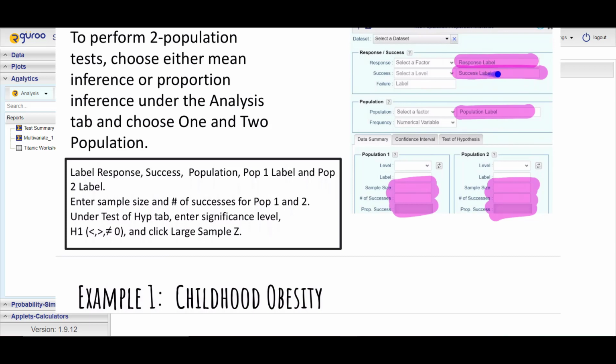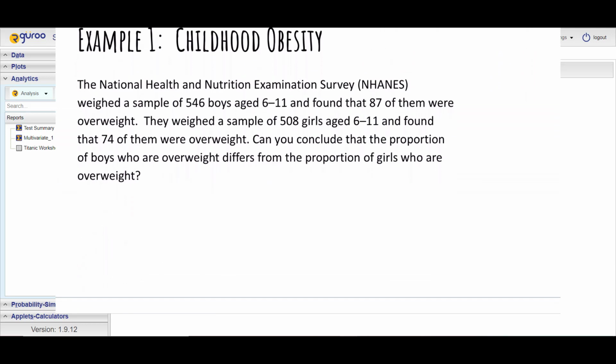And what would be considered a success? What is the population that your study is on? And then you would label the first sample for the first population and then the second, and fill in this info here. And then you would click on the test hypothesis tab. If you wanted to do a confidence interval, you'd click on that as well. But under the test hypothesis tab, you would do the alternate statement, the level of significance, and then you would click large sample Z.